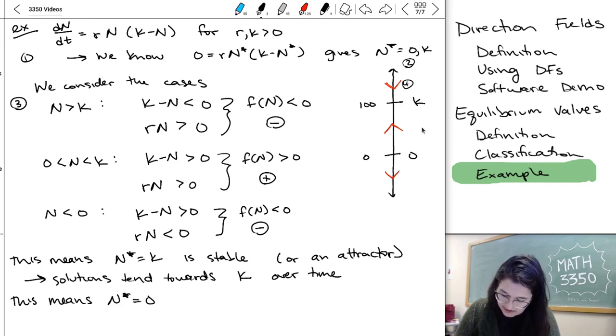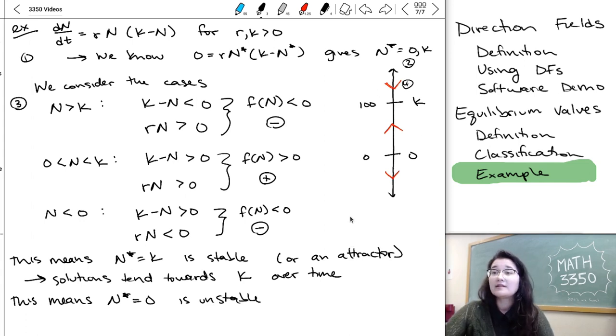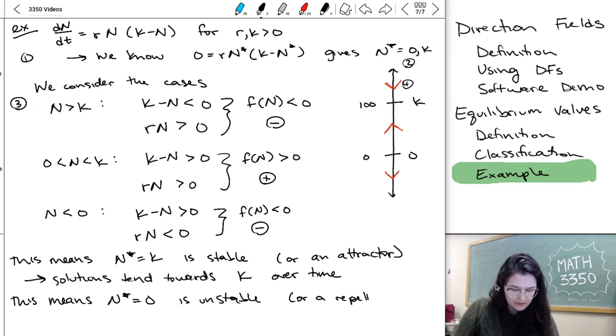N star equals 0 is unstable. So if I look down here at 0, there are arrows pointing up and down. They're going away from 0. That's how I spelled repeller in my notes. I'm not sure if that's right. I never checked. But I will call this type of thing unstable. In other classes, you might hear it called a repeller.